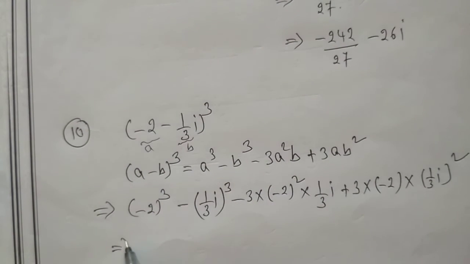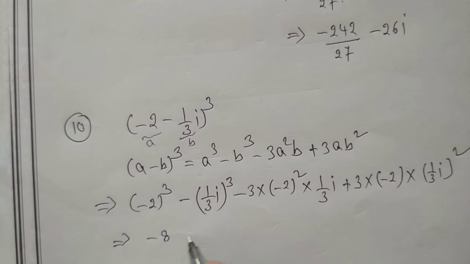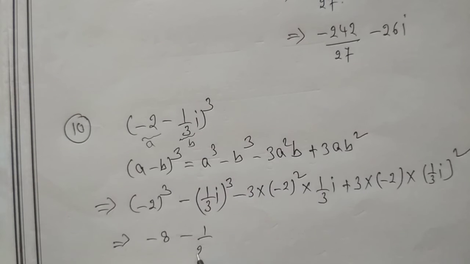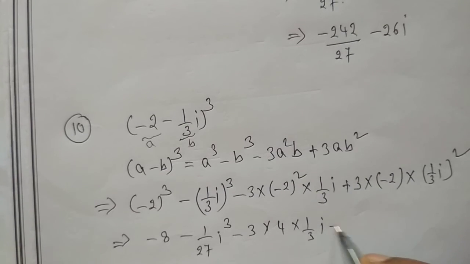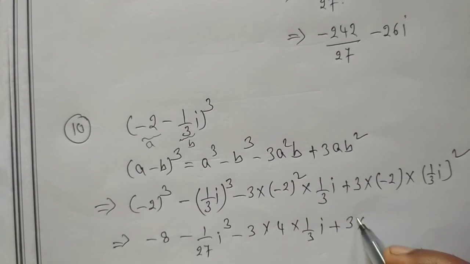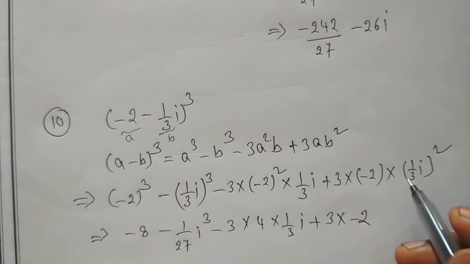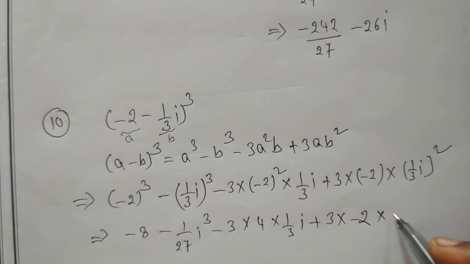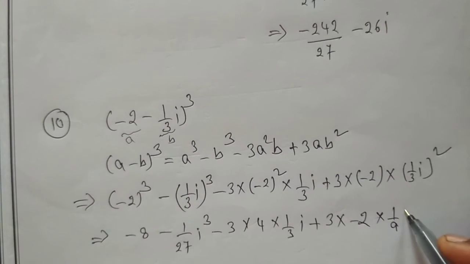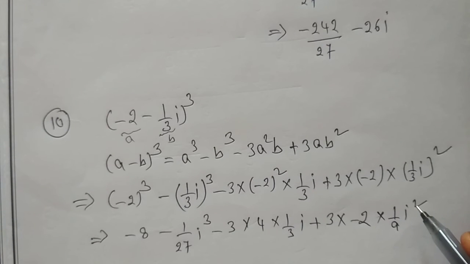That implies minus 8 minus 1 by 27i cube minus 3 into 4 into 1 by 3i plus 3 into minus 2 into 1 by 9i square.